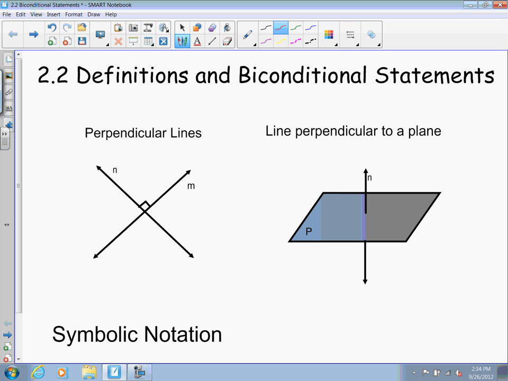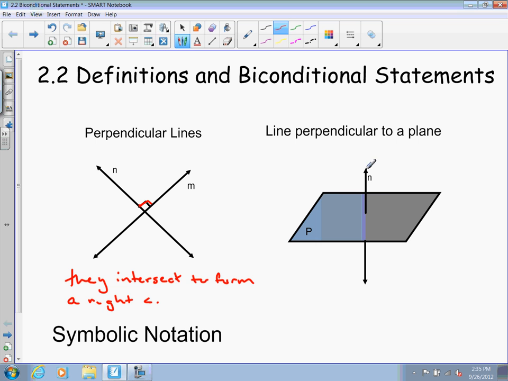Okay, so perpendicular lines, they intersect to form a right angle. As you can see in this notation, a little square in the corner is the symbol we use to show lines are perpendicular.